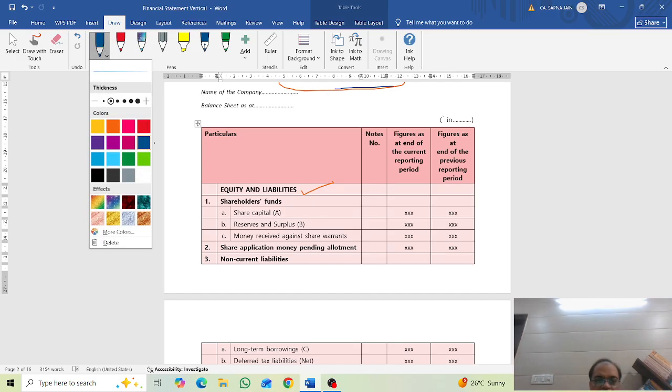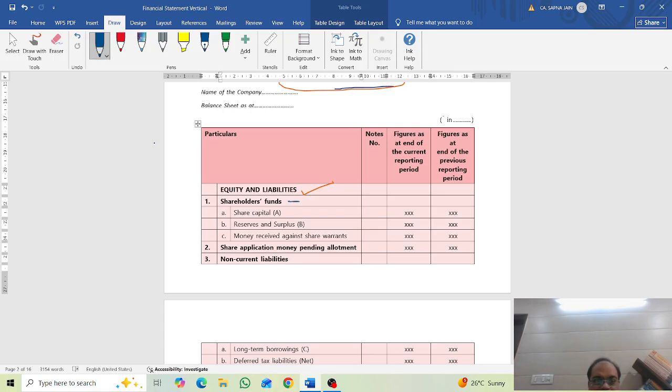Under the equity and liability, there are a total of 4 main headings. First is the shareholder funds. Under the shareholder funds, the first part is the share capital, and the second part is the reserve and surplus.